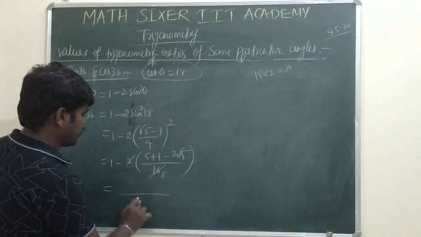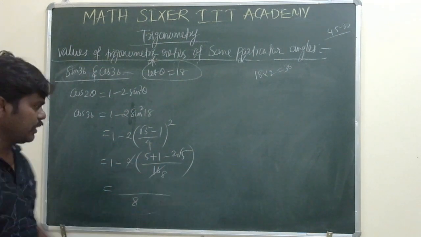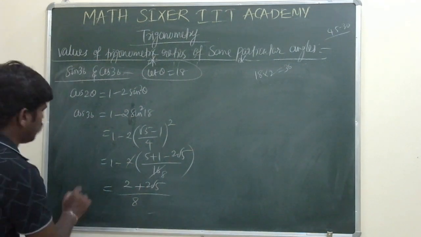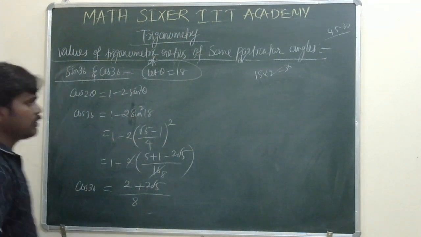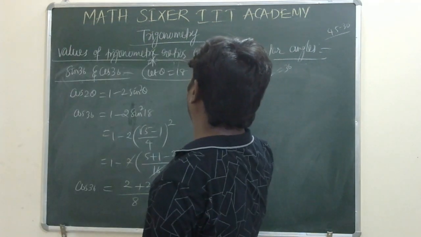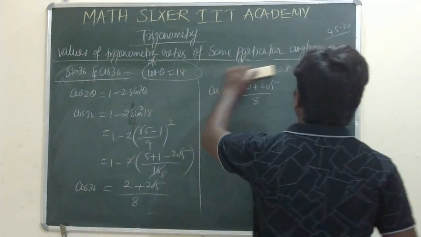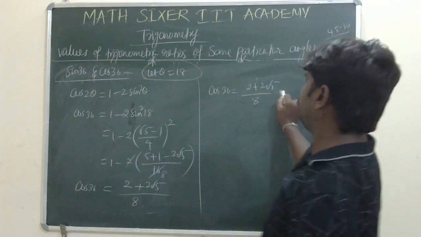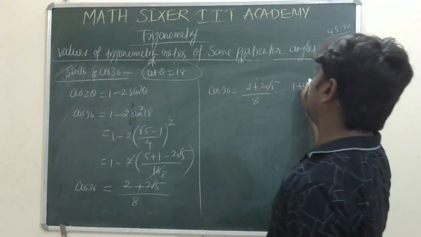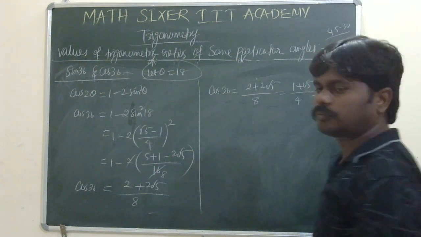So here 8 minus 5 plus 1 is 6. So 8 minus 6 is 2, and here minus 1 minus, plus 2 root 5. So cos 36 is equal to what we have got here? 2 plus 2 root 5 by 8, that we have got. So here we can take 2 common and cancel with the denominator, so that here we will get 1 plus root 5 by 4, or else we can write simply root 5 plus 1 by 4.